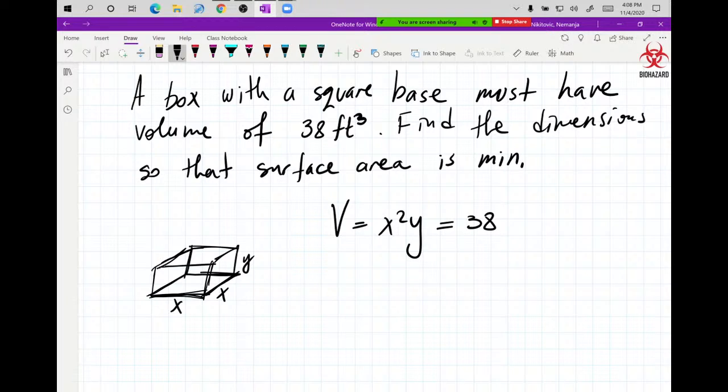There's your constraint. Now minimum surface area. Surface area of the box is, you have a top and a bottom, so 2x squared. The square on the bottom is x times x. The square on the top is also x times x. So you have 2x squared for the top and the bottom. And you have 4 xy sides. Each side measures in area x times y. And you want that to be minimum.